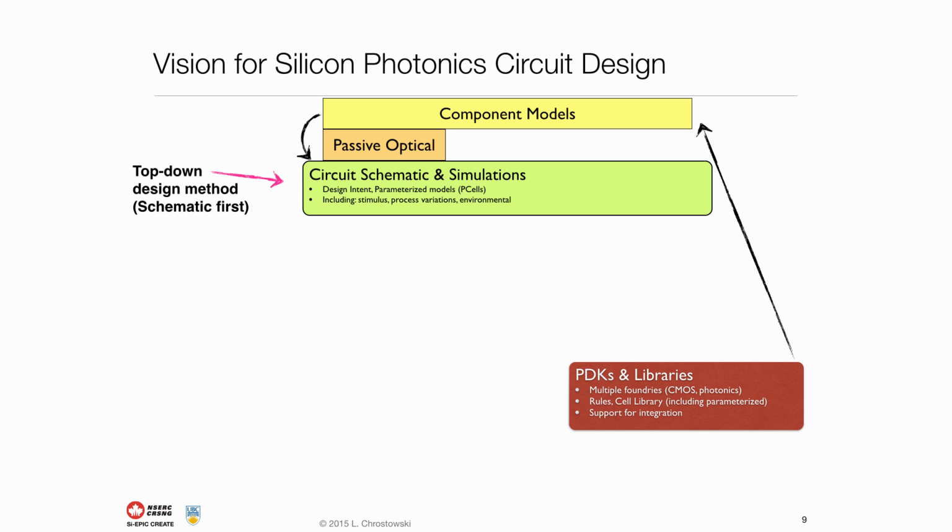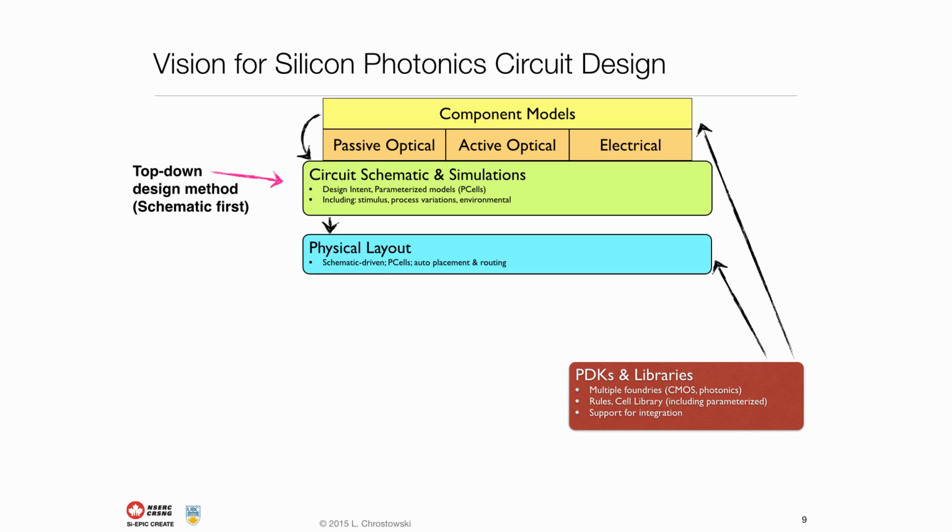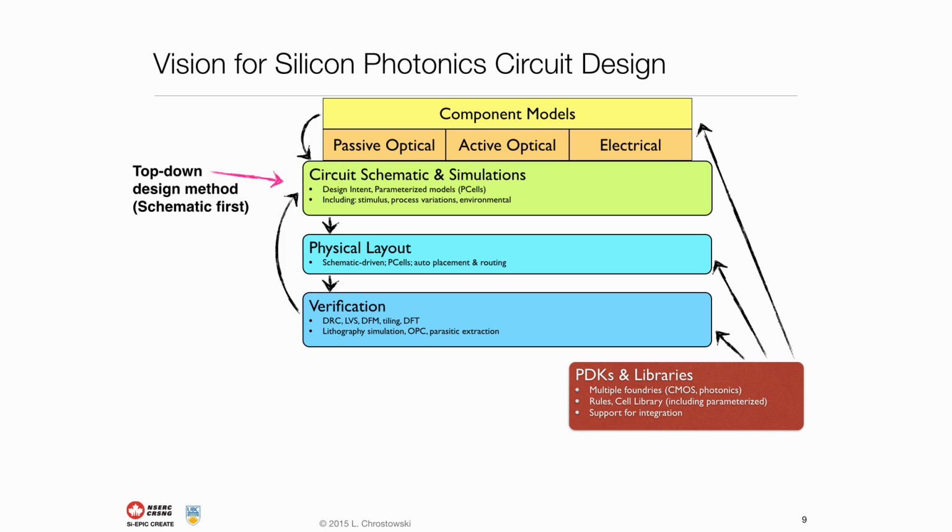More advanced PDKs and processes will include active optical components and perhaps electronics. In this flow, the layout is created on the basis of the schematic. The software actually helps you with your layout by reading the schematic as you perform your layout and knows about how the components are connected. It's quite fun, as you'll see. The verification step is now more sophisticated. Because you have a schematic and a layout, we have the opportunity to compare them.